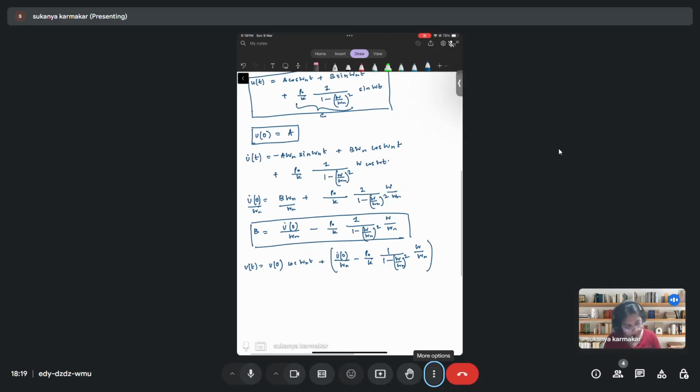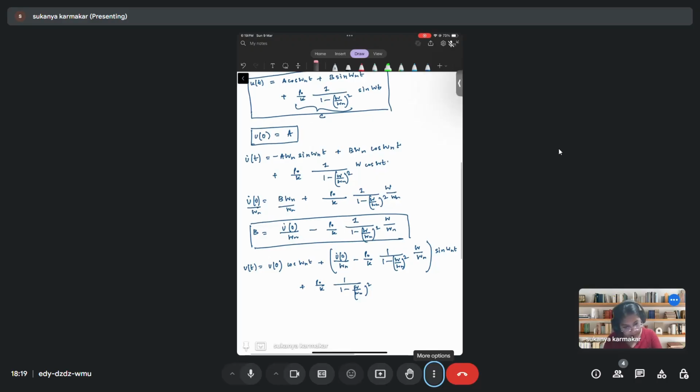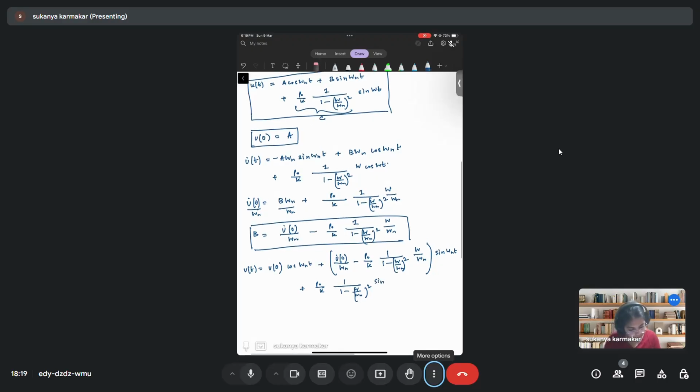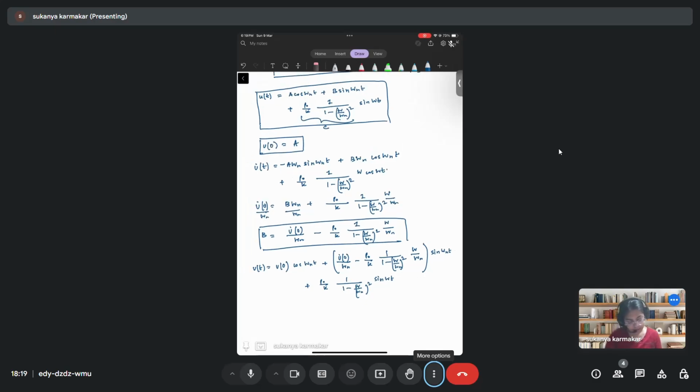This entire term is b, sine of omega n t, plus the particular solution, which is p naught by k, 1 by 1 minus omega by omega n whole square, into sine of omega t.